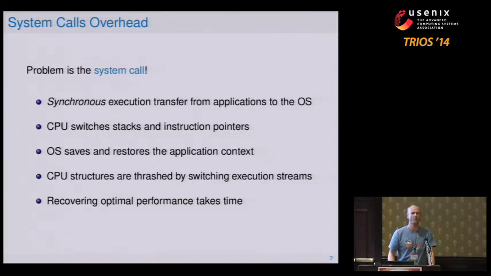While we're swapping these streams of execution, the internal structures of the CPU are being thrashed, which has an impact on application performance in terms of the instructions-per-cycle ratio. That's been demonstrated in the past, and it takes some time for the application to recover its full performance, by which time the application makes yet another system call and everything is broken up again.